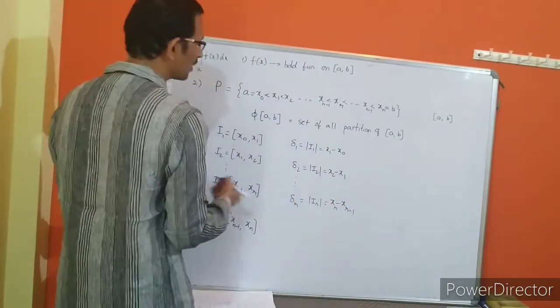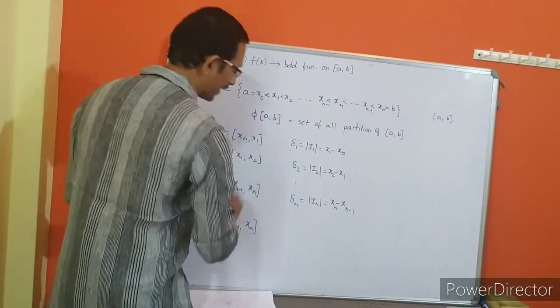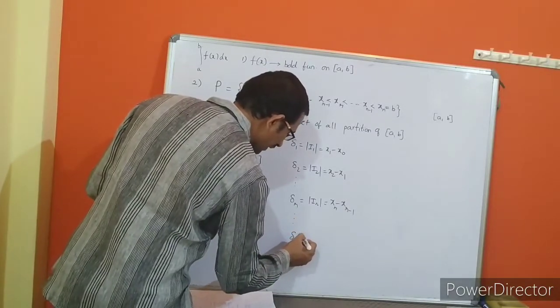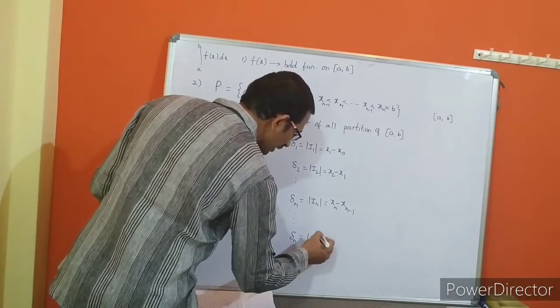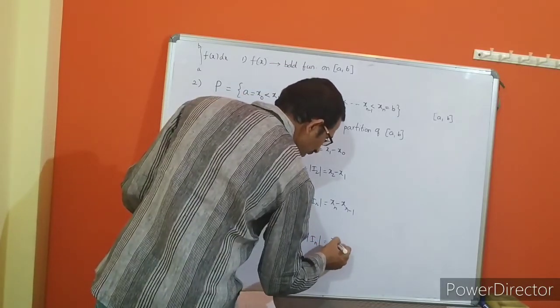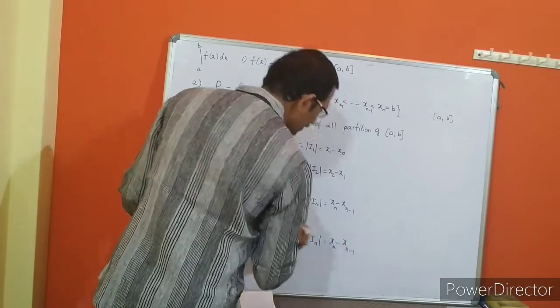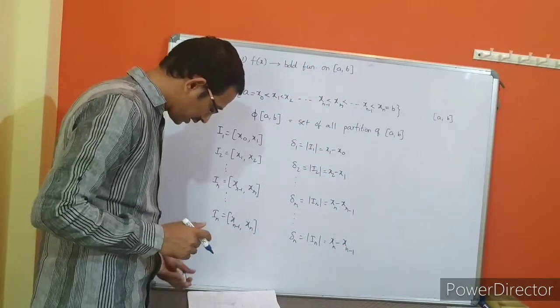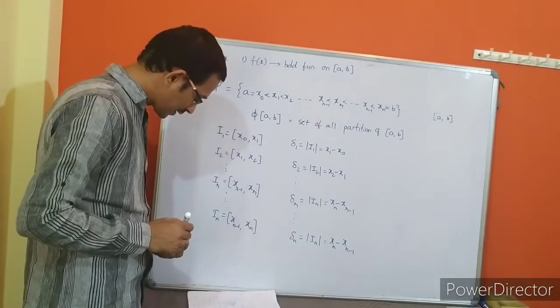Length of any interval is nothing but the difference between its two endpoints. Similarly, delta n is nothing but the length of the last interval In, and that is xn minus x(n-1). This is what we have learned, and some more things.